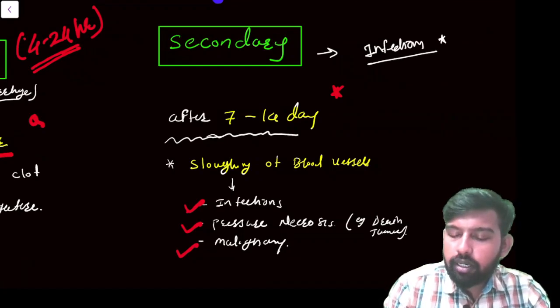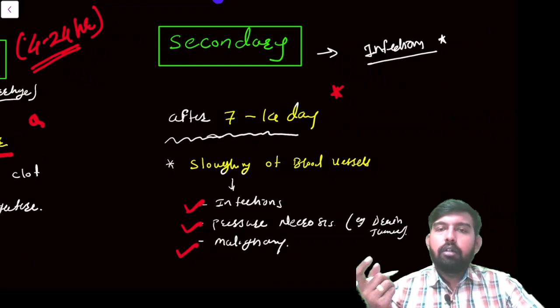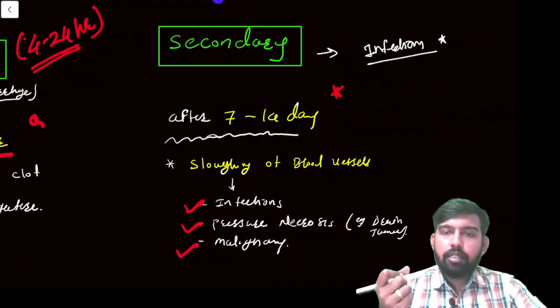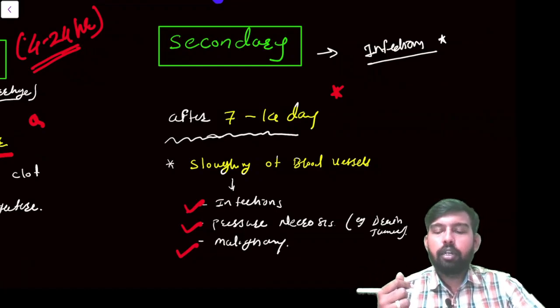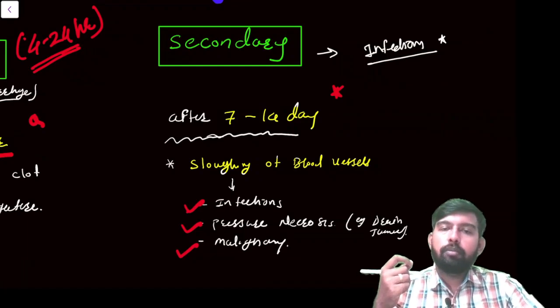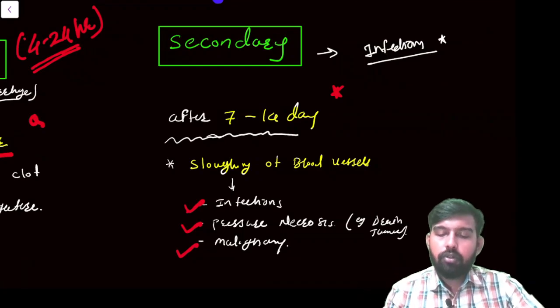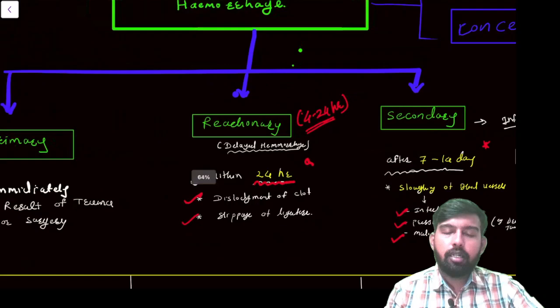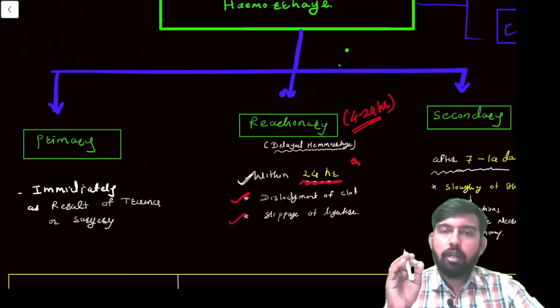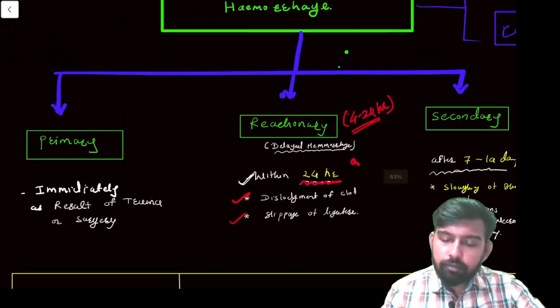Infection will lead to erosion of the blood vessel, or it could be due to pressure necrosis due to the placement of a drain, or it could be due to malignancy. So these are the types of hemorrhage: primary hemorrhage, reactionary hemorrhage, or secondary hemorrhage.